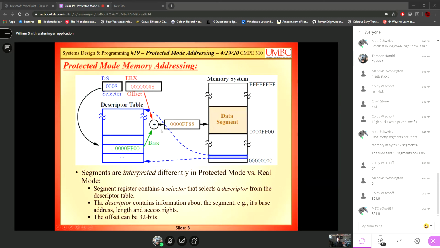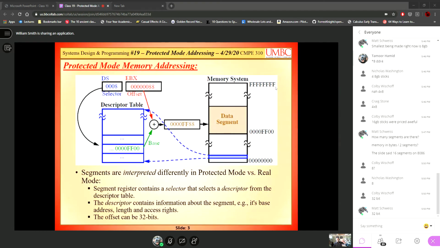The offset, when you add these two together, is going to take you into your data segment. Notice the memory system. How many characters do we have up here? We got all Fs. We're back to 8 characters. There's 32-bit addressing. This is back in the days before they would run around with a 1 gigabit stick of RAM.